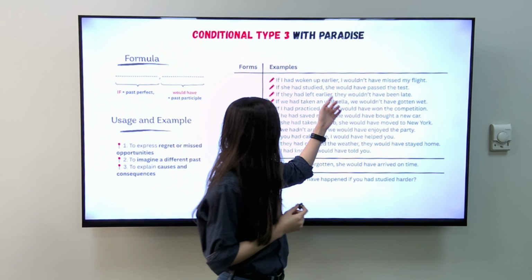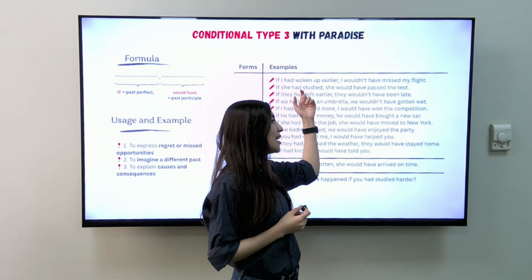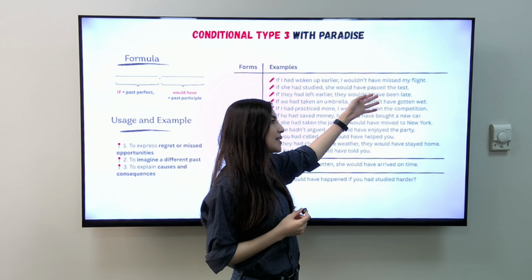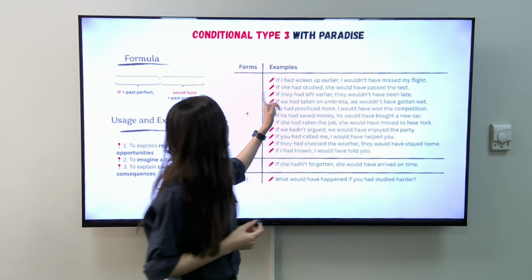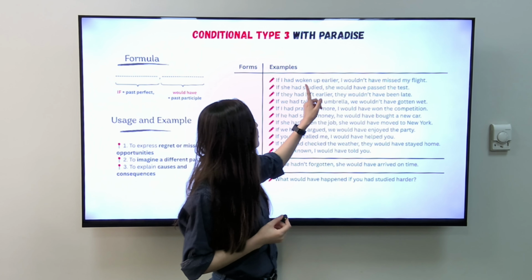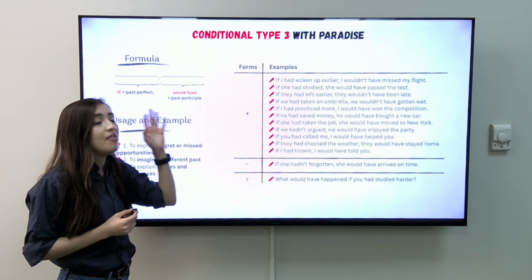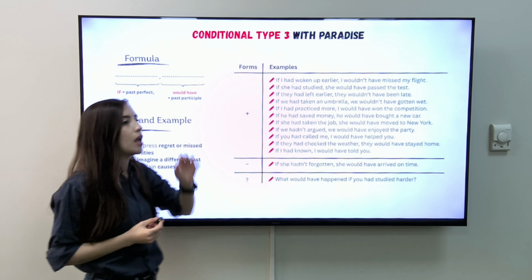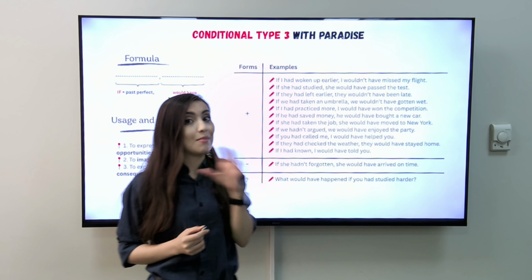If she had studied, she would have passed the test. Did she study? No. Did she pass the test? No. As a result, if they had left earlier, remember, again, past participle, never ever miss this one, or think that you have to use simple past.